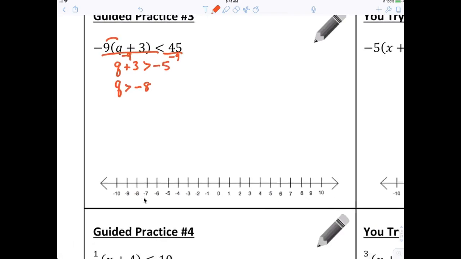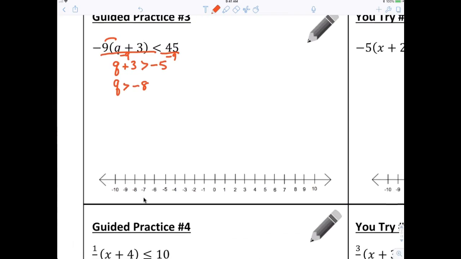All right, so now, am I open or closed? Open at negative 8. And then I'm going everything to the right. So my interval notation would be? Beautiful. Perfect.